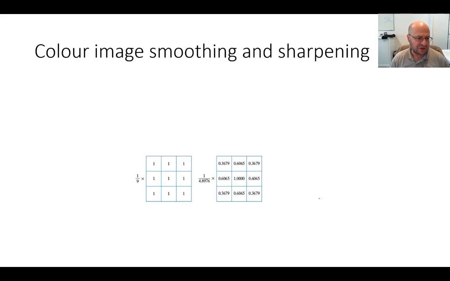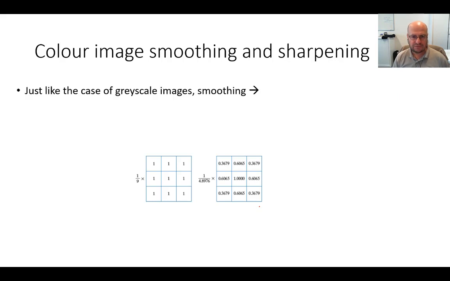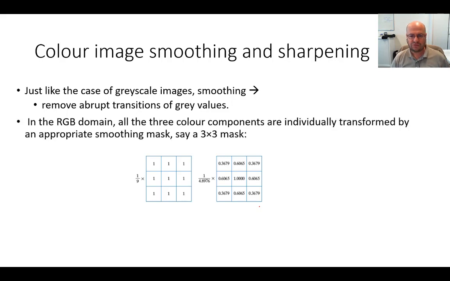Again, the same thing that we did on grayscale images in terms of smoothing and sharpening, we can do with a color image. The result we obtain on grayscale images is to remove abrupt transitions of gray values. In the RGB domain it's the same.